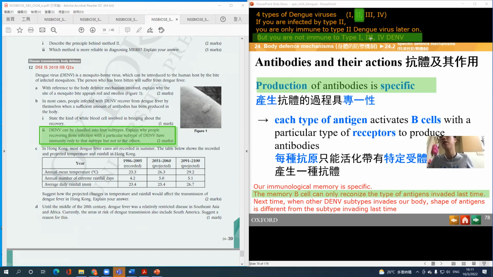But then next time when there's type 1, 3, and 4 infecting you, your memory cell cannot recognize the shape of antigen. Okay, so the memory B cells cannot recognize it.